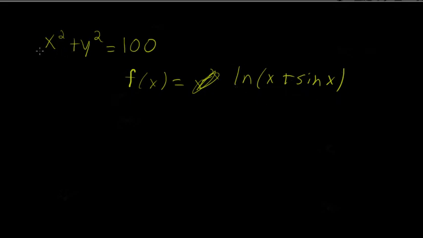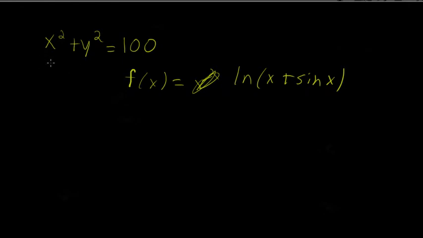But what would you do if you don't have a function explicitly defined as a function of x? How would you find the derivative with respect to x? Well, to do that, we use a technique called implicit differentiation.